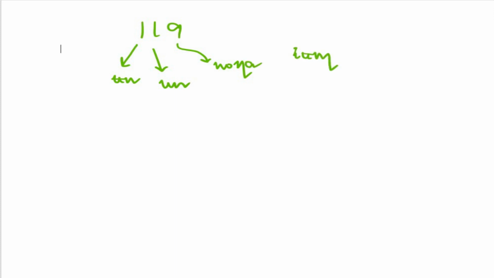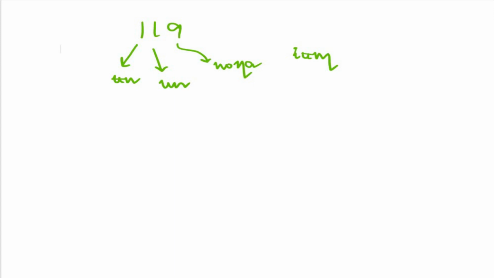So this question I think everybody can answer. So atomic number 119 would be written as un, un, nona, and there should be an 'ium' at the end of the name, right?